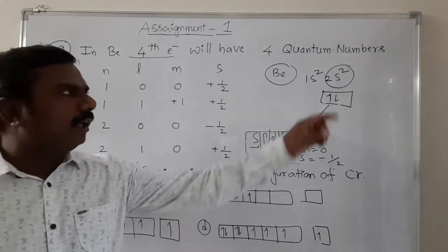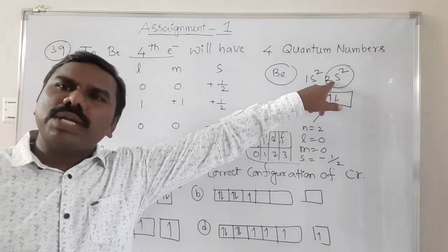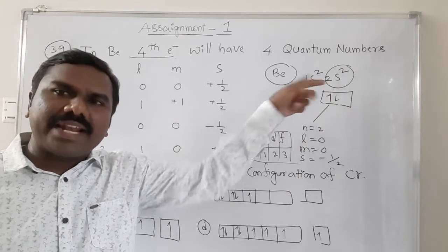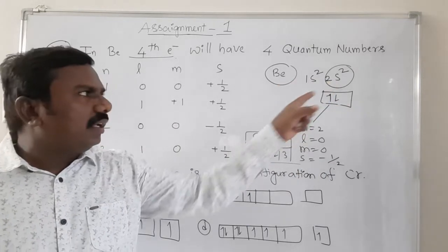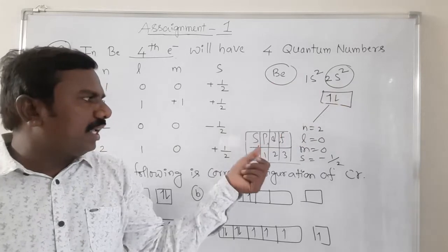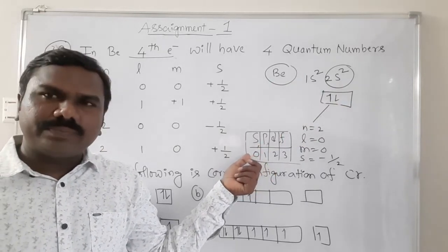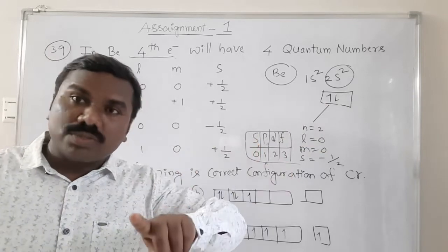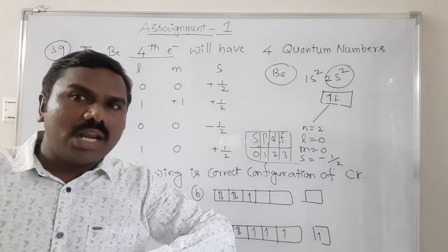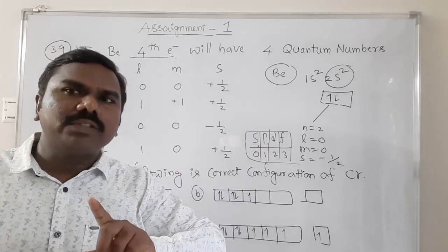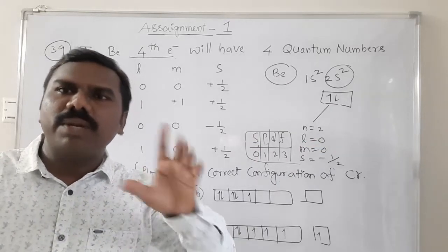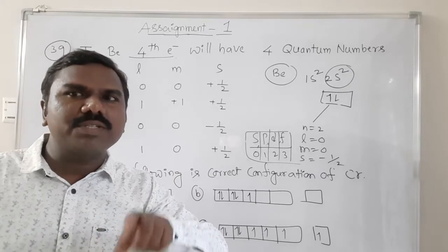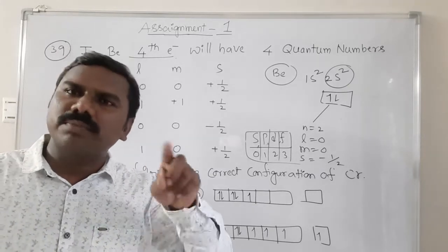Once again, the last shell is 2s2. So this number is n, n is equal to 2. S given, for that L value will be 0. Next, if L is 0, M is also 0. If L is 1, M values will be minus 1, 0, plus 1. L is 2, M value will be minus 2, minus 1, 0, plus 1, plus 2.